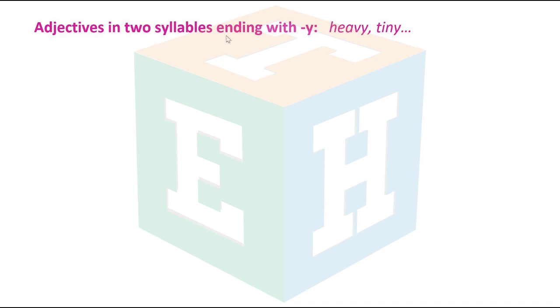Adjectives in two syllables ending with Y: heavy, tiny. You have to replace the Y by IER.